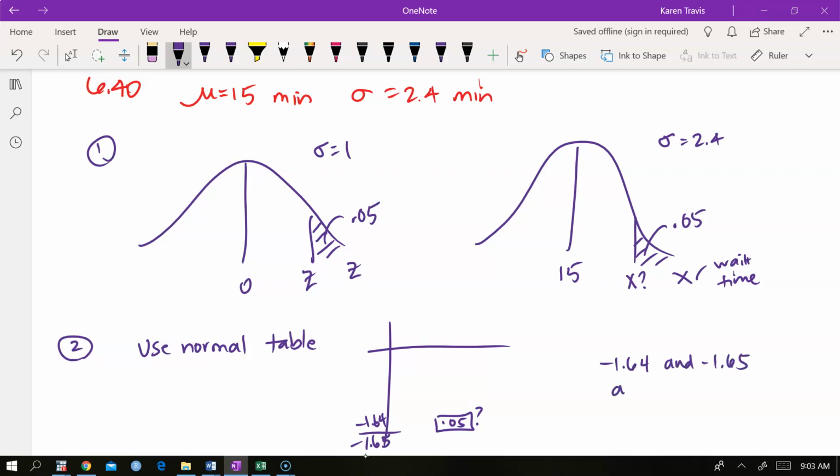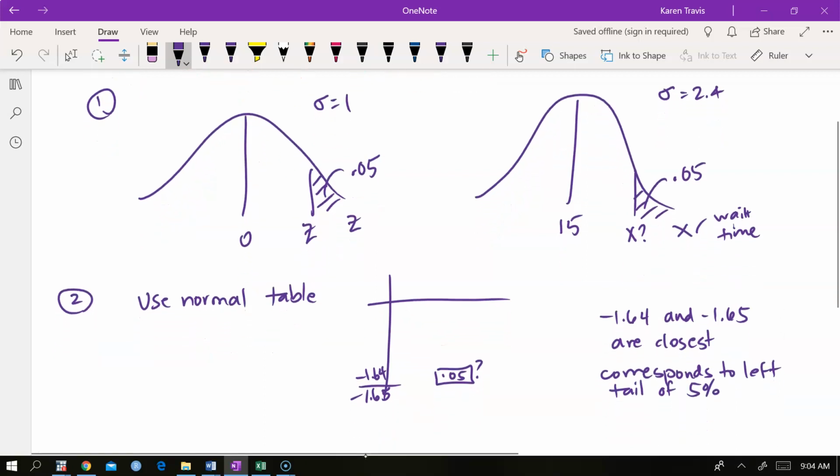Now notice, those are negative, so that's reminding me that what's happening with those corresponds to a left tail. But I need a right tail.